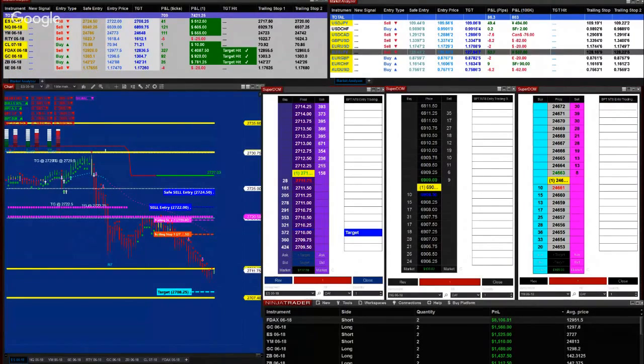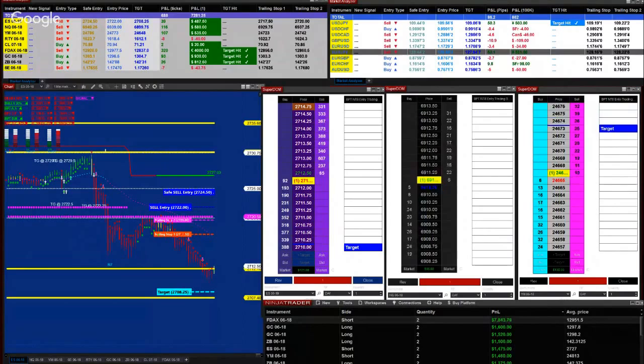I'm a bit stubborn. Hold on, guys. Hold on. Do not exit yet. Do not exit. I'm counting on the 2712. I'm watching this bar to see if it's going to close.